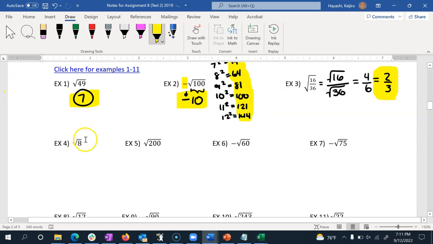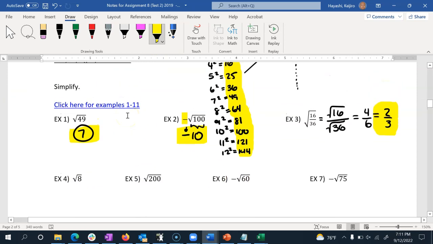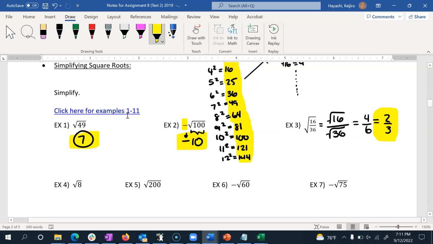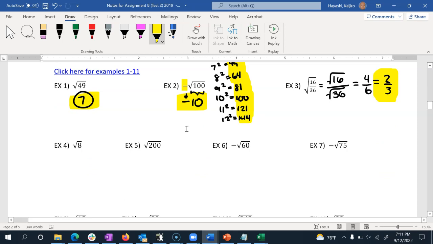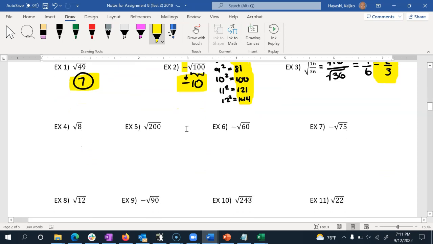What do you notice about these numbers: 8, 200, 60, and 75, as opposed to 49, 100, 16, and 36? Yeah, they're not perfect squares. They're not going to be on this list of perfect squares. So there's going to have to be some other way to deal with these.